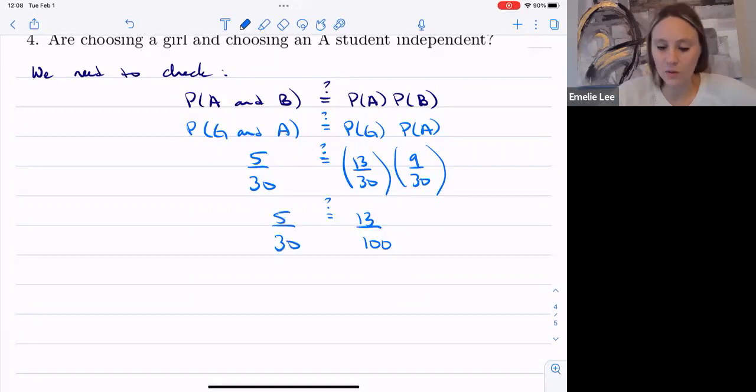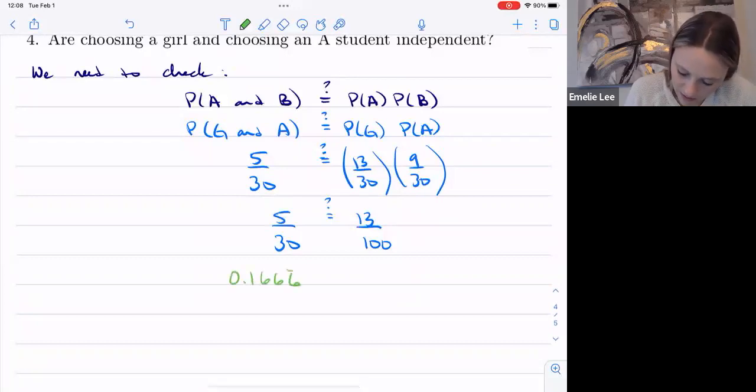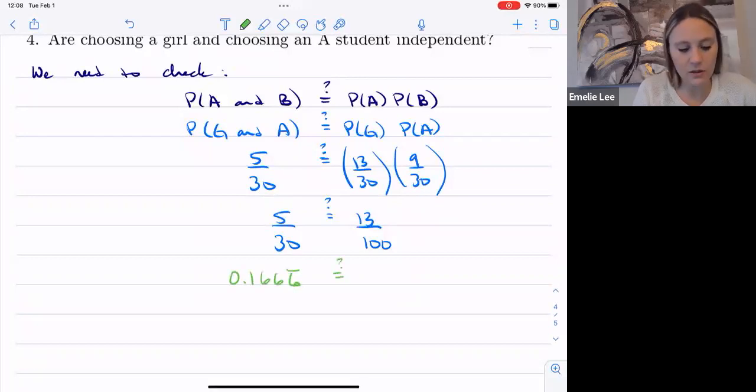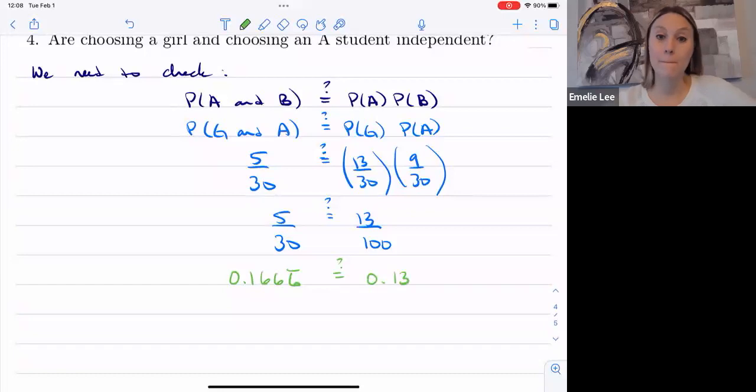But what I can do is check it by converting to decimals. So 5 divided by 30 is 0.1666 repeating. Is that equal to 13 over 100, which is 0.13? It's not. Remember, they have to be exactly equal, otherwise it's not true.